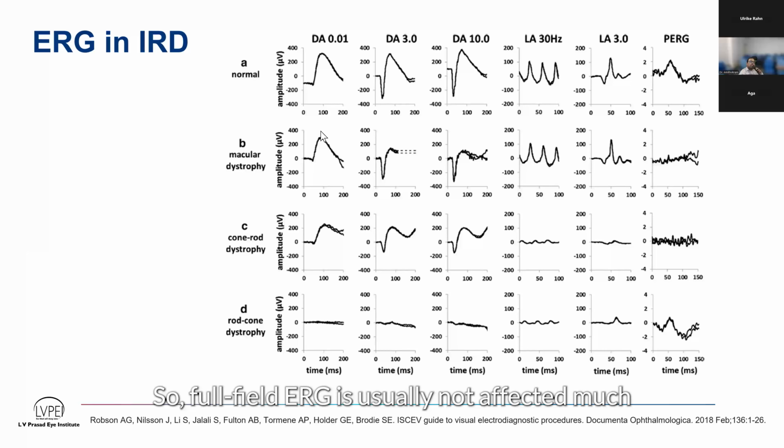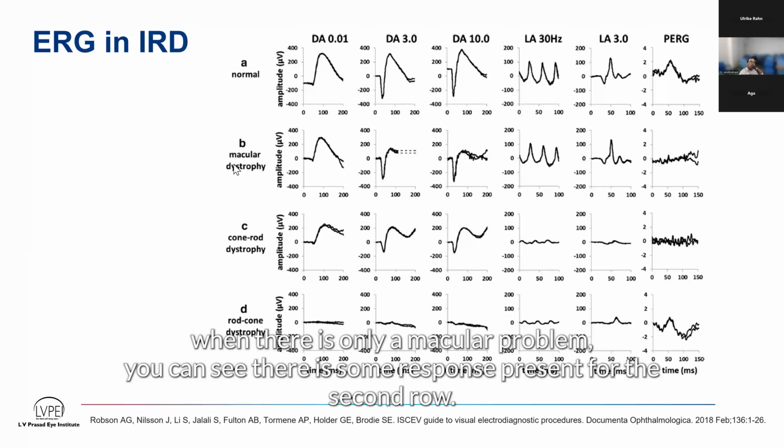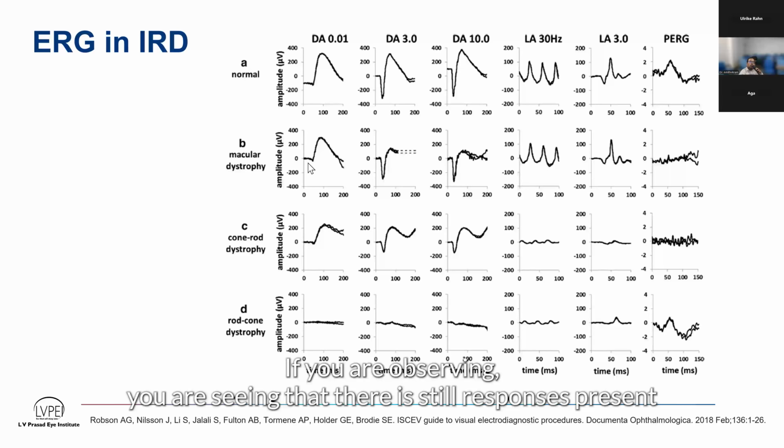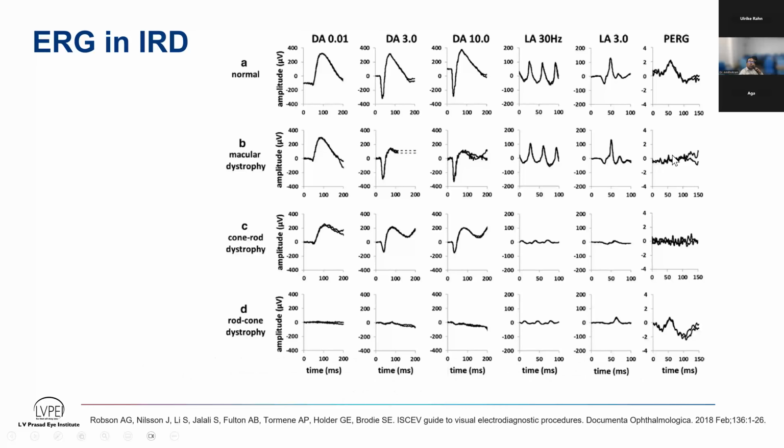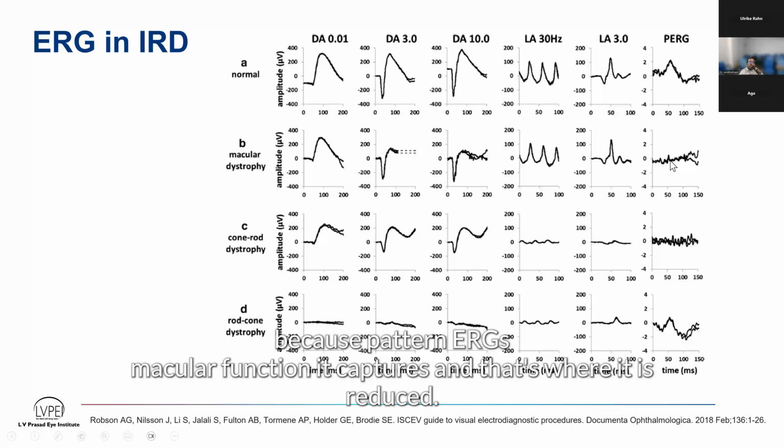Full field ERG is usually not affected much when there is only a macular problem. You can see there is some response present for the second row. There are still responses present, and only the pattern ERG has a reduced response, because pattern ERG captures macular function, and that's where it is reduced.